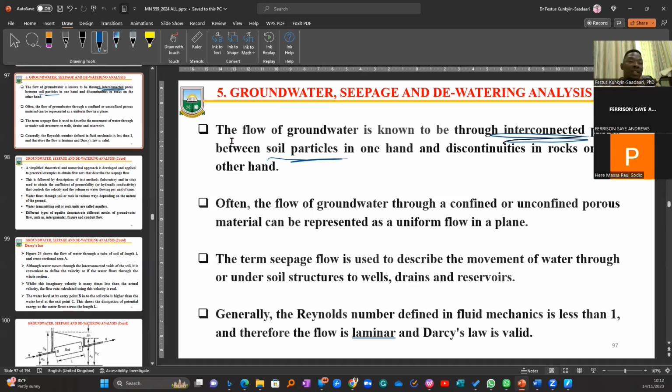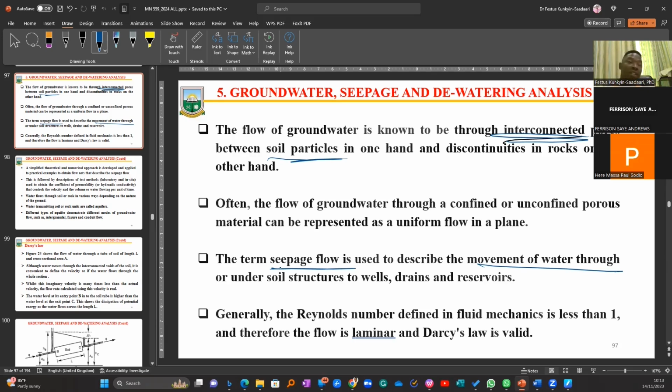It is not turbulent. These are the conditions we have to understand. The term seepage flow is used to describe the movement of water through or under soil structures to wells, drains, and other reservoirs. So if water moves from one point to another, it is through seepage.